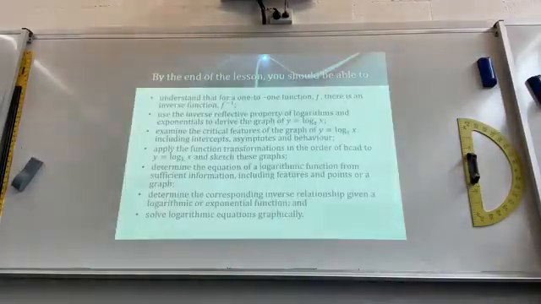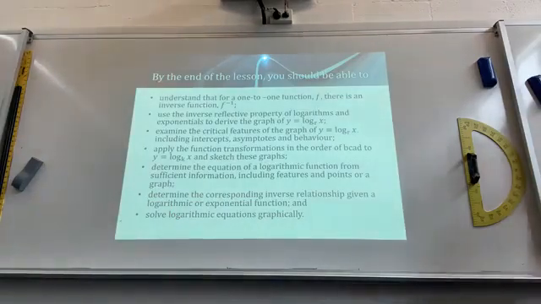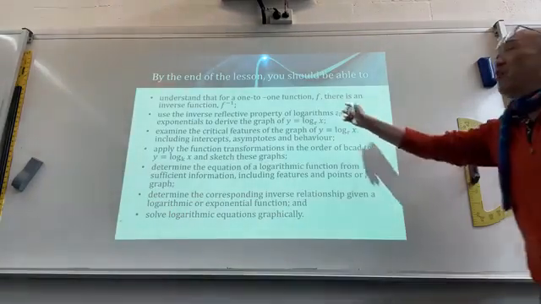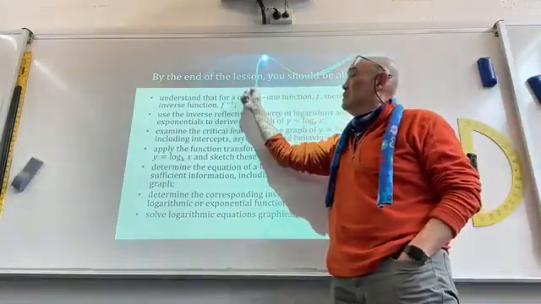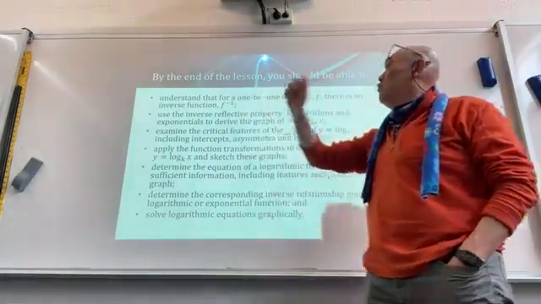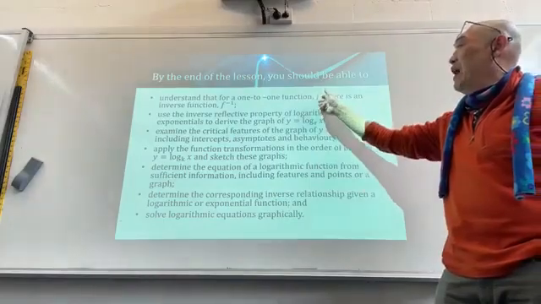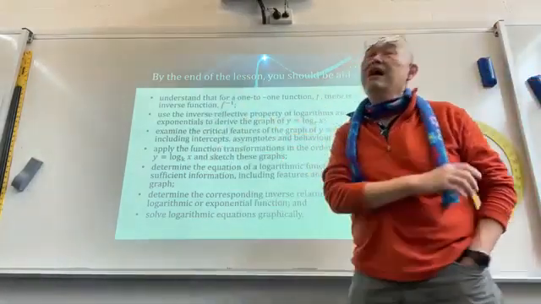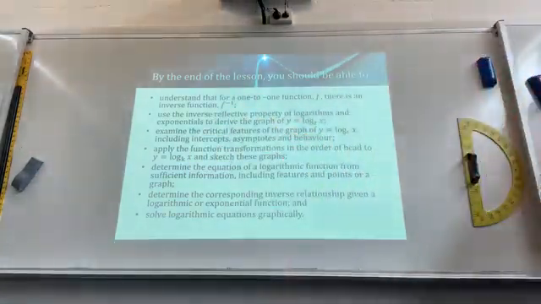Alright? So, let's think about what a one-to-one function is. You should recall what a one-to-one function is. If you've got a one-to-one function f, there is an inverse function, f to the power of minus 1.